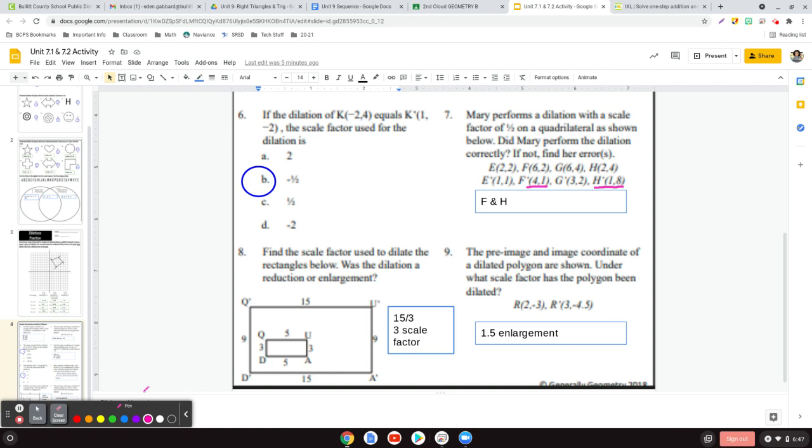8. We found the scale factor used to dilate the rectangles below. Was it a dilation or an enlargement? Remember, we have in our notes different ways of finding the scale factor. Well, on this one, it's not giving us our coordinates, but it's giving us our side lengths. So here we're going to choose the sides that we're going to work with.